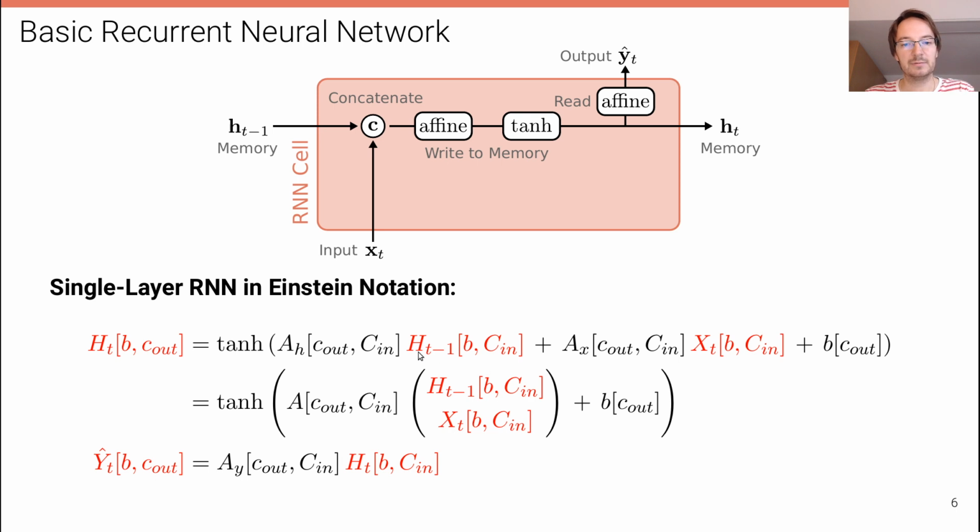We can equivalently write this in terms of a single matrix. Instead of using a matrix AH and AX for H and X, we can combine them into a bigger single matrix A and stack the vectors or tensors HT-1 and XT on top of each other as an input to be multiplied with this bigger matrix A. This is how you can think about this concatenation here.